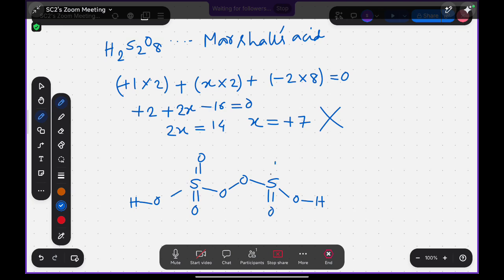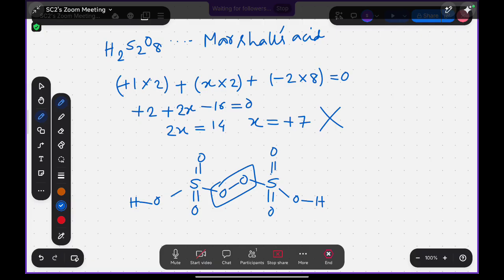This is the structure of Marshall's acid. So what happens? Again we are having peroxo linkage, oxygen-oxygen single bond. But see, on both the sides, all the oxygen atoms are bivalent. Every oxygen atom must have 2 bonds with it.